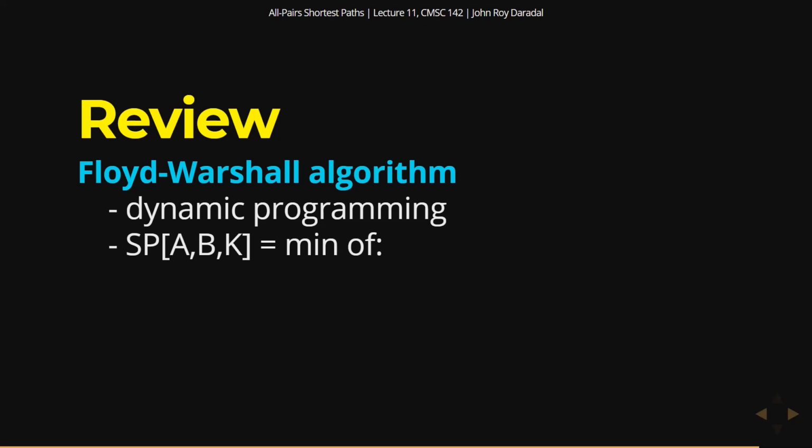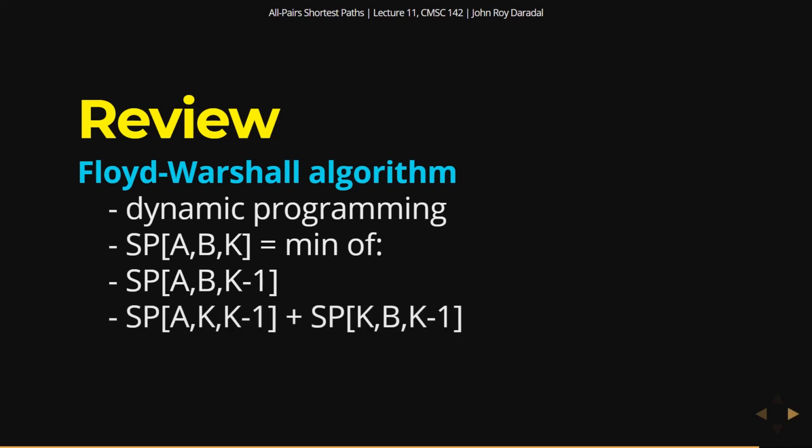So SP(A,B,k) is the min of SP(A,B,k-1) if it doesn't pass through k, or SP(A,k,k-1) plus SP(k,B,k-1) if it does pass through vertex k. So this is the shortest path from A to k, and this is from k to B, using only internal nodes from 1 to k-1. So just do the tabulation, and that should solve the APSP problem.